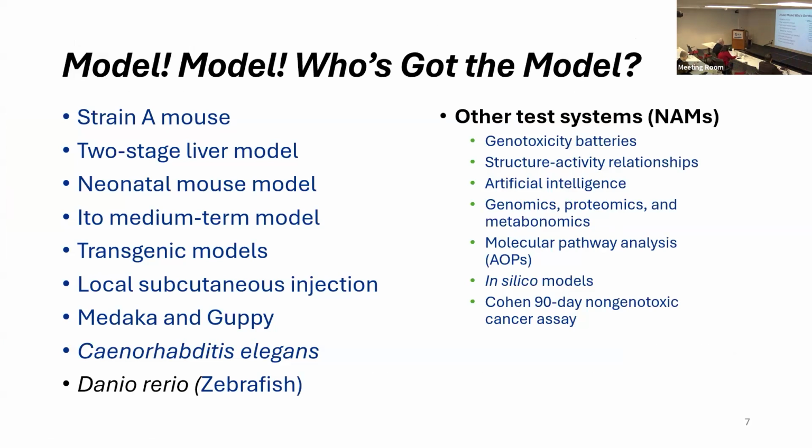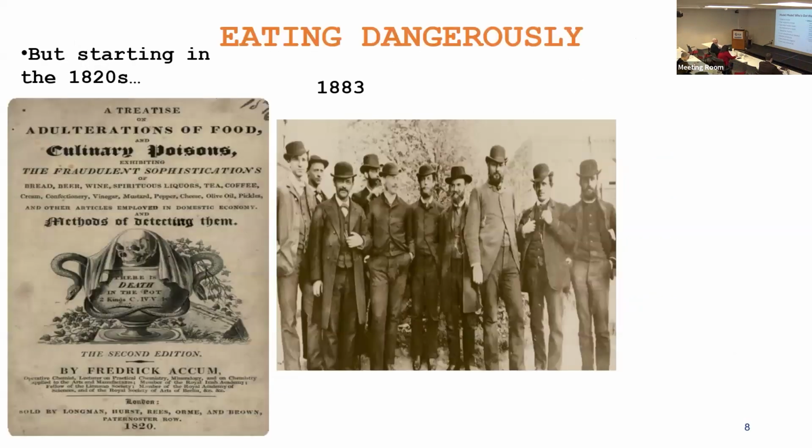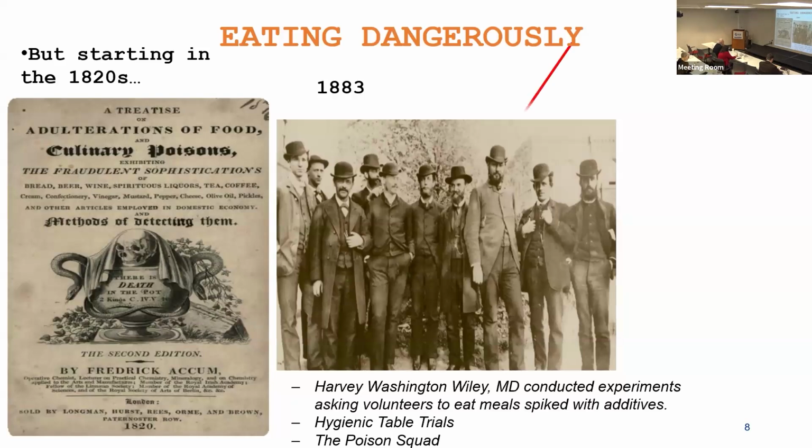Now, Christy stole my next slide because we had the model in 1883. There's Harvey Wiley right there, who came in to head up the FDA program, and he had his hygiene table. We had the model.